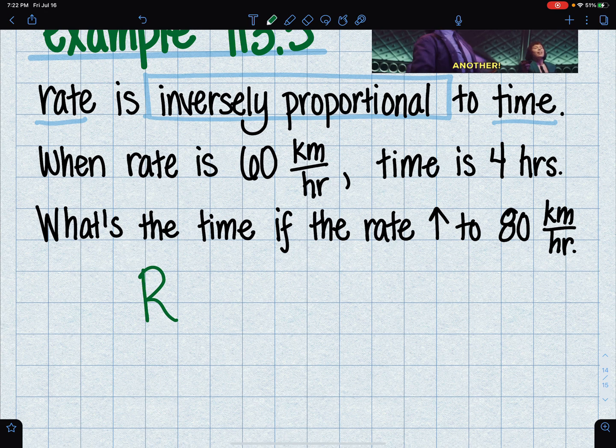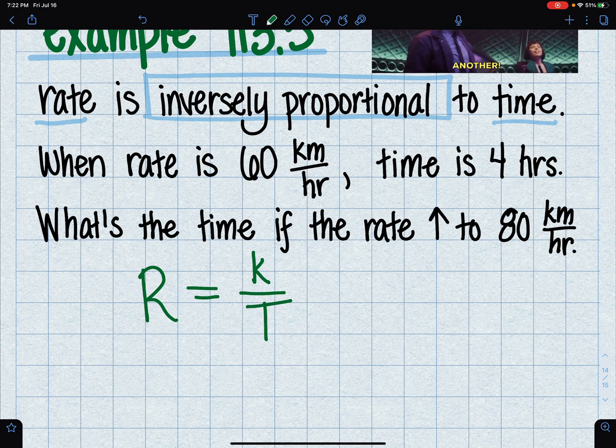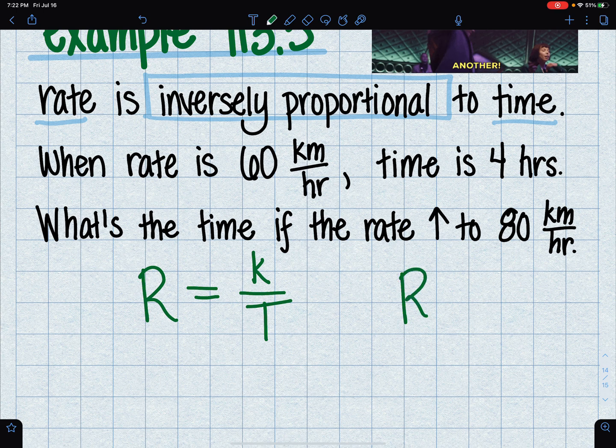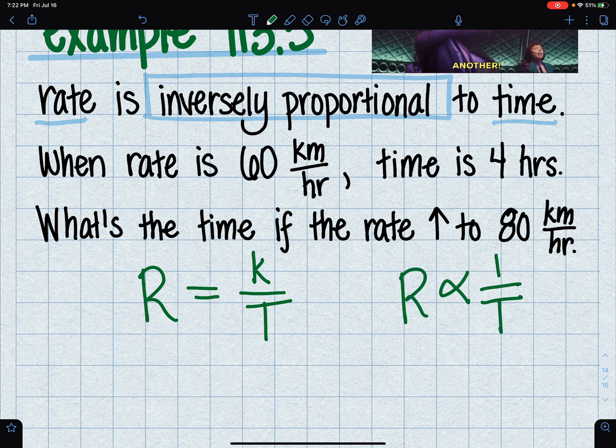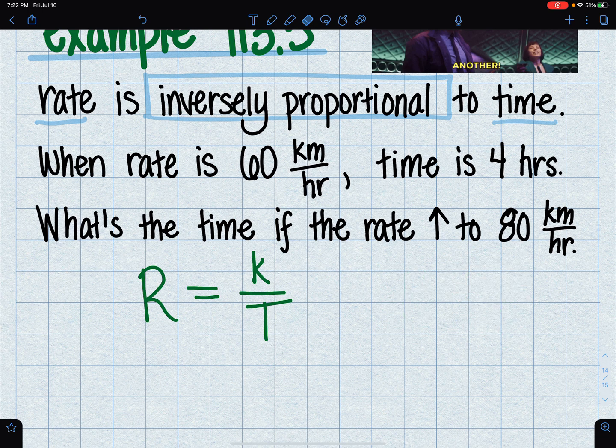Rate is inversely proportional, so it's going to be K over time. When I think of using that proportion symbol for this type of question, I can say rate is proportional to 1 over time. That's how I hear it in my head, and that's what we use in physics a lot of times, sort of that shorthand. But this is the more proper way that they're teaching you how to do it, okay? So rate is equal to K over T.